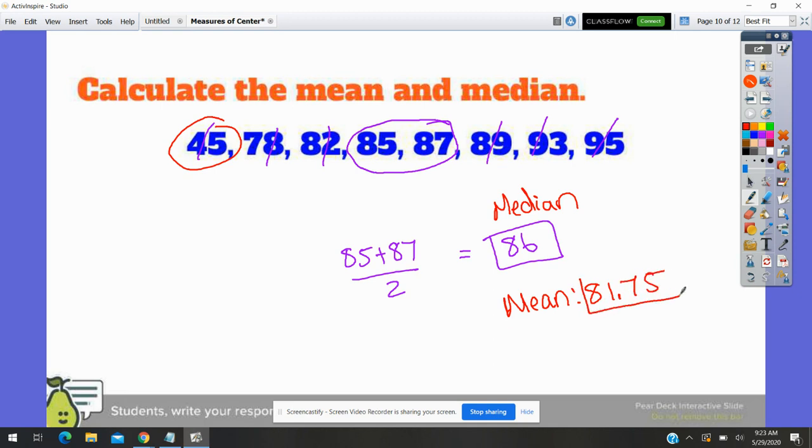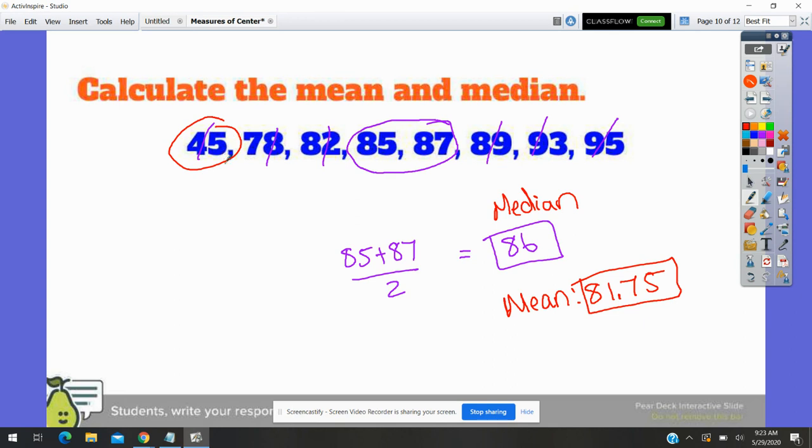Okay, so if you notice, the mean is lower than 6 of the numbers in the data set. The only things it's higher than are 45 and 78. So since this mean is lower than the majority of the numbers, it's not the best representative of the data set because this 45 drops that average down low.